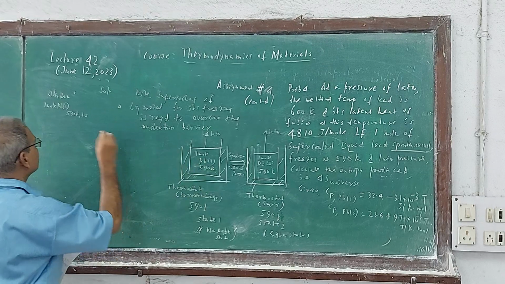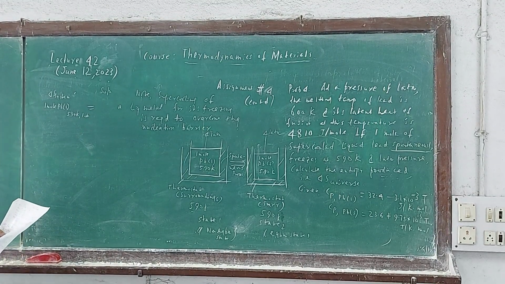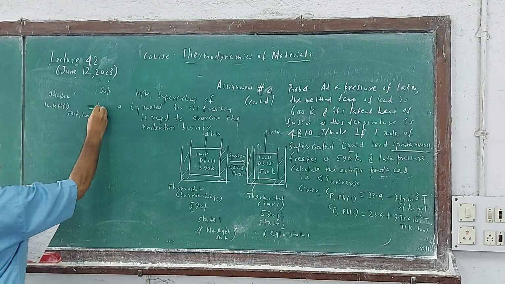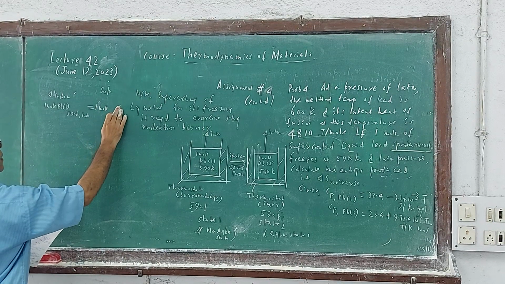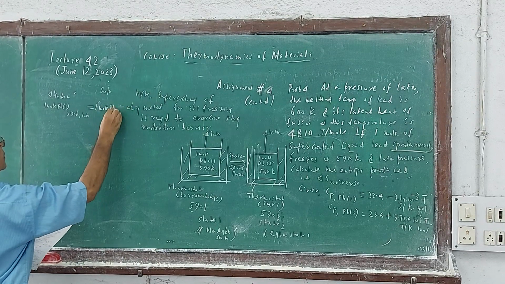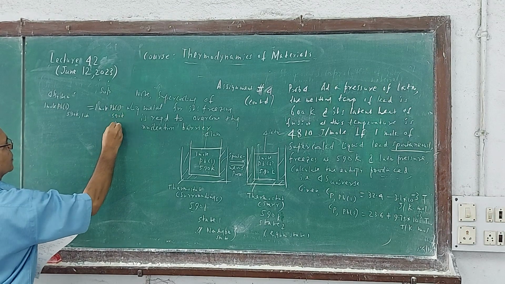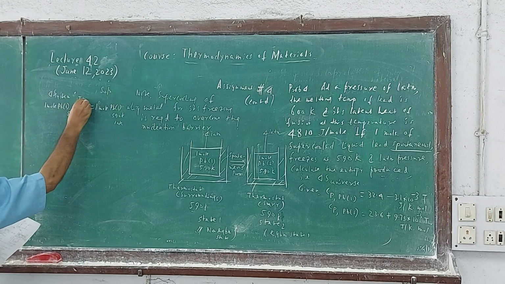It goes to state 2, 1 mole of lead solid. What temperature? 590 Kelvin. That is the overall process, delta S system.